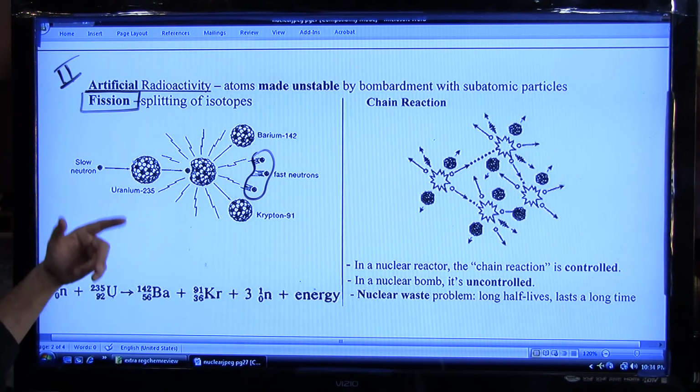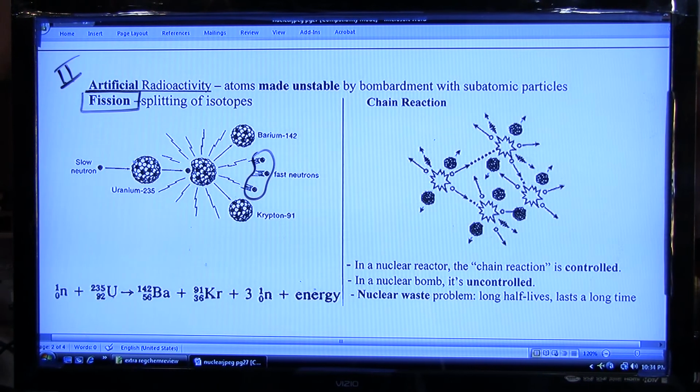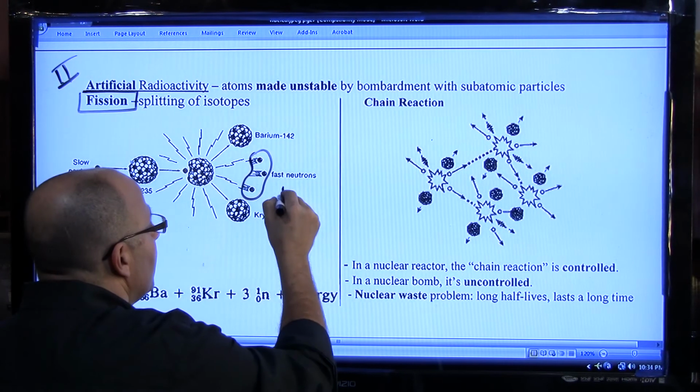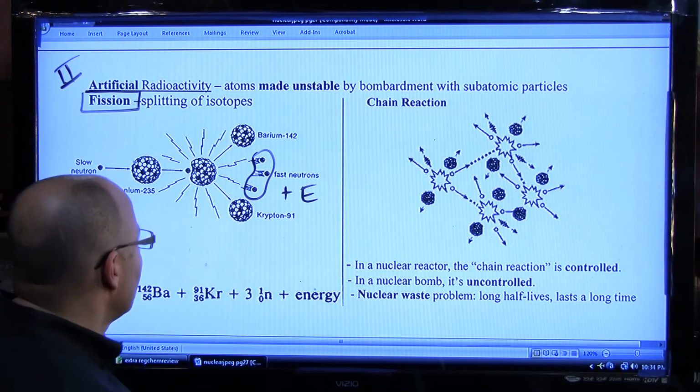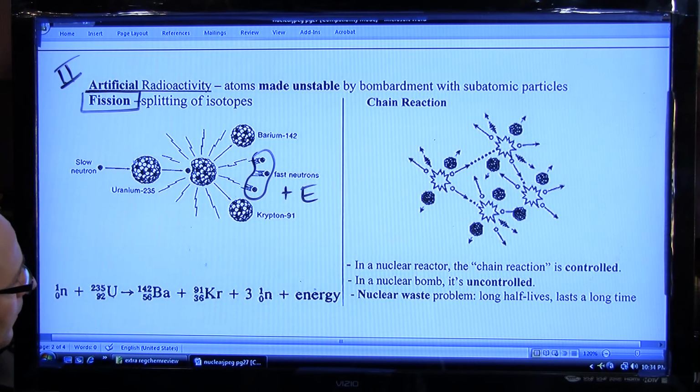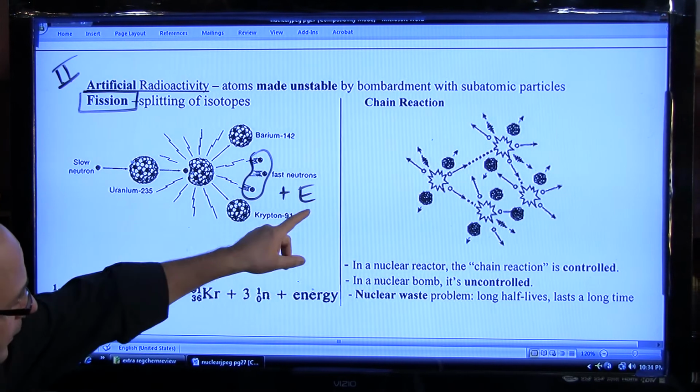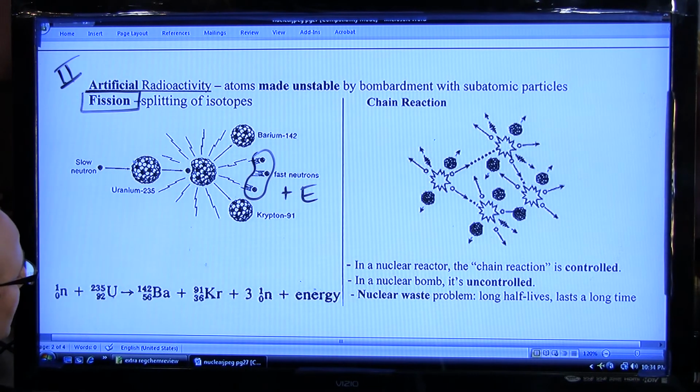So a slow neutron comes in and 3 fast neutrons come out, and let's not forget, energy is also released. So the point of doing this is the energy that's released. A nuclear reaction is a reaction in which mass is converted to energy, in fact, a great amount of energy. And you could use that energy in atomic bombs, or you could use that energy in a nuclear reactor.